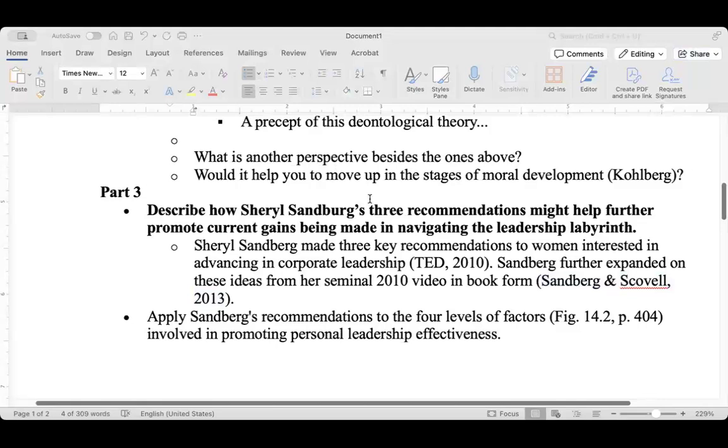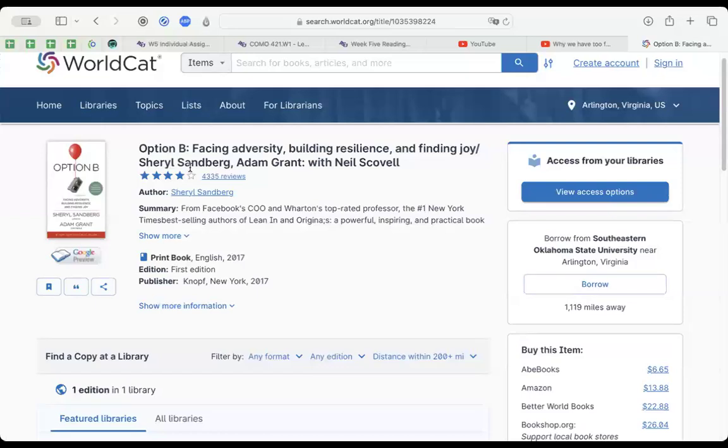But if you've already read that, you already have it, and it's relevant and helpful for your writing to use that, great. So we've got another book here, and we'll add this so we see the alternate form here. So this is her book, option D, also co-written with some other folks.